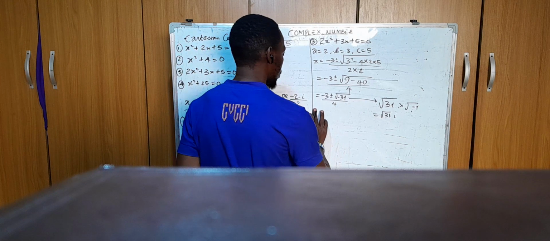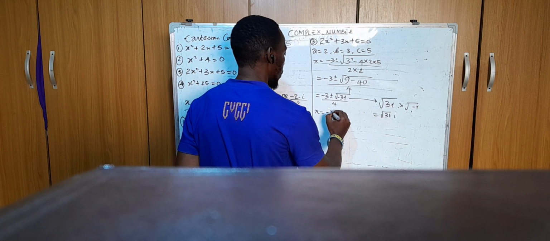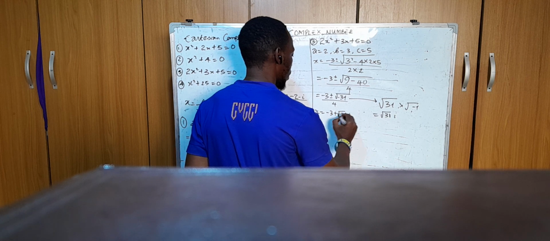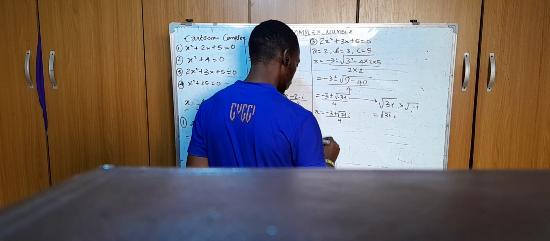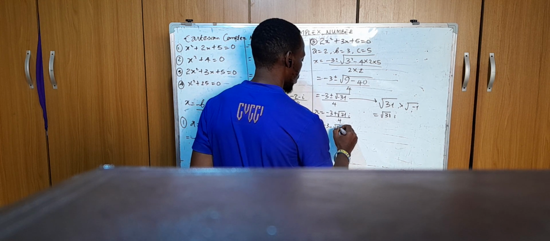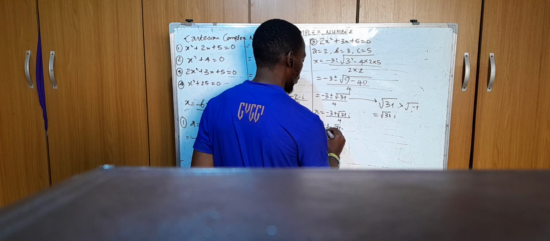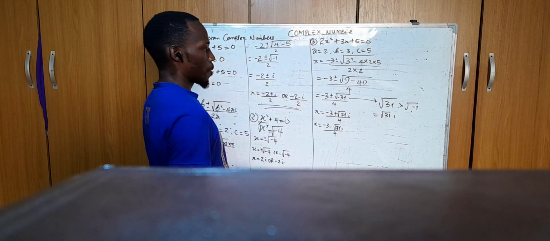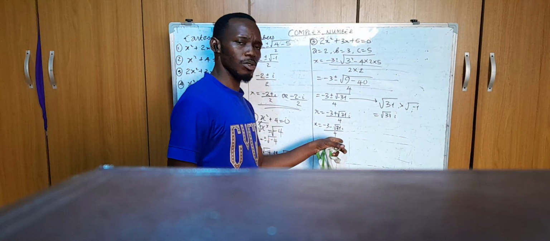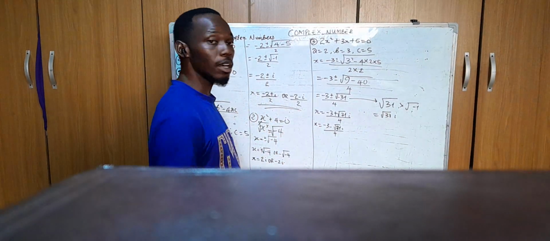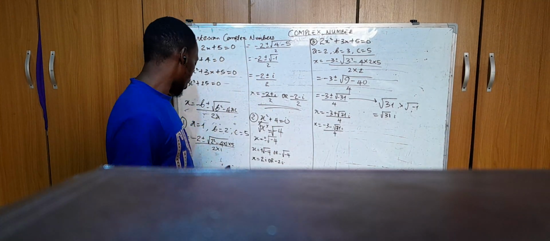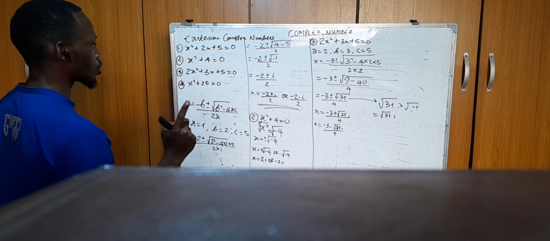So my values for x are minus 3 plus square root of 31 i over 4 or x equals minus 3 minus square root of 31 i over 4. You can punch the value for the square root of 31 and have the decimal point, and then you can simplify it further.